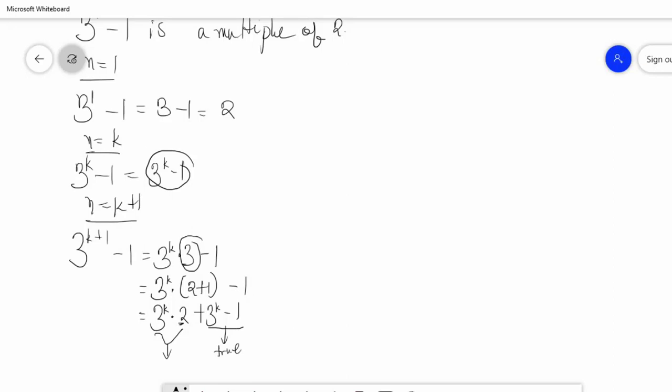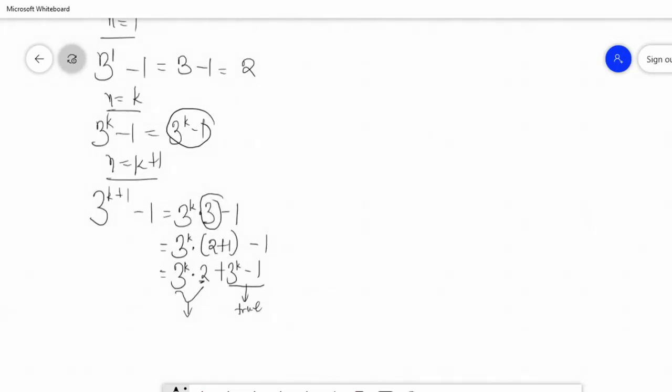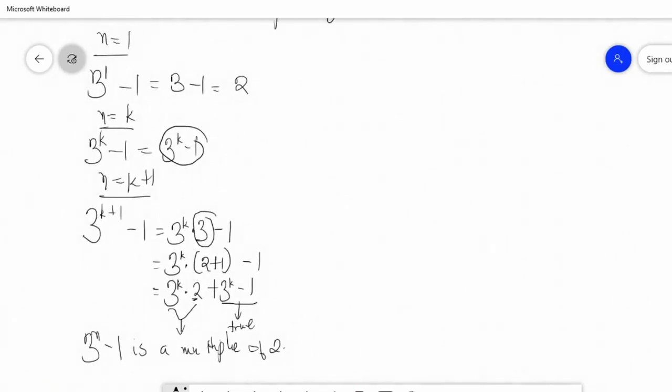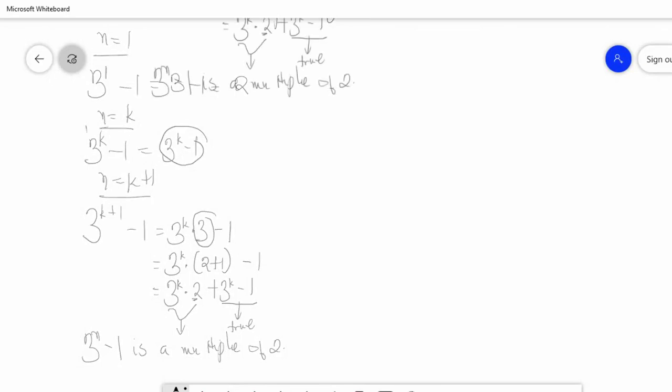Thus, it can be concluded that indeed the expression 3 to the power n minus 1 is a multiple of 2. So this is how you go by it. In some cases, you would have to analyze it logically and by inspection so that you would see how to break the equation down to help you arrive at the correct conclusion.